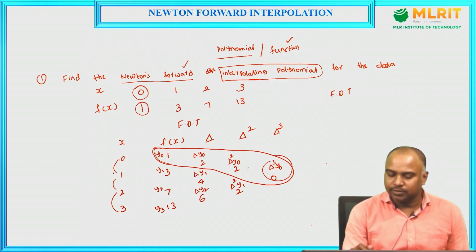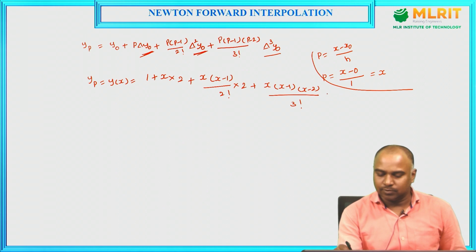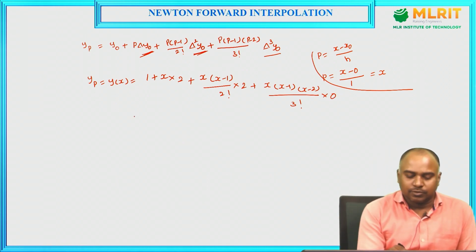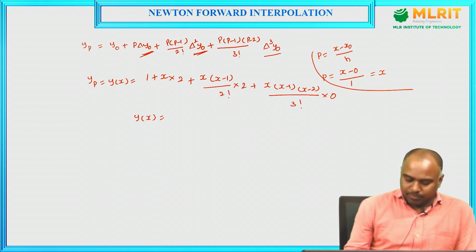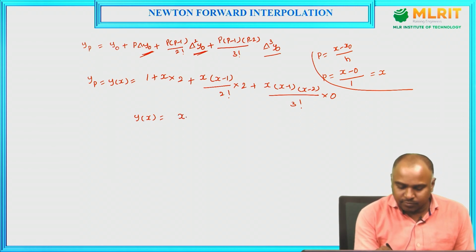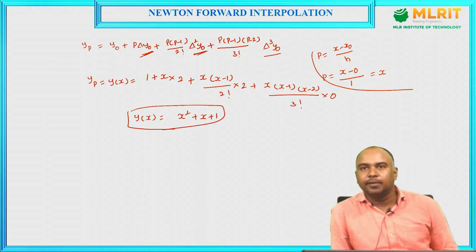So 0 into something is 0. Simplifying this, we get x square plus x plus 1. This is the polynomial we get.